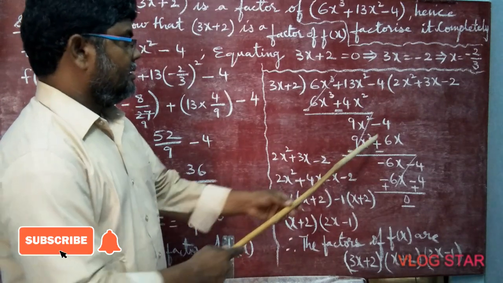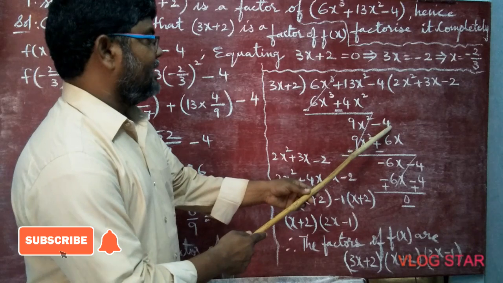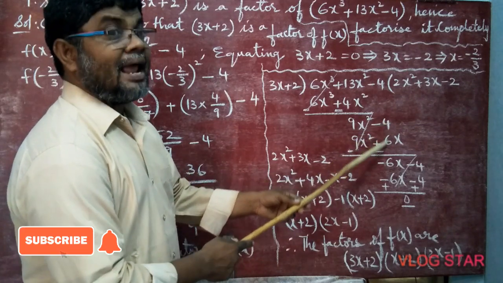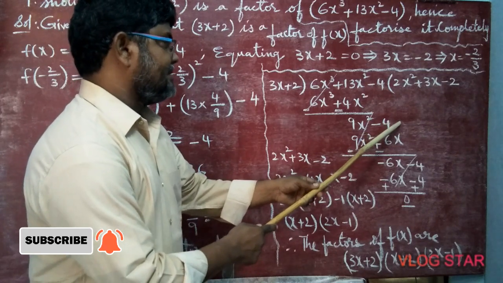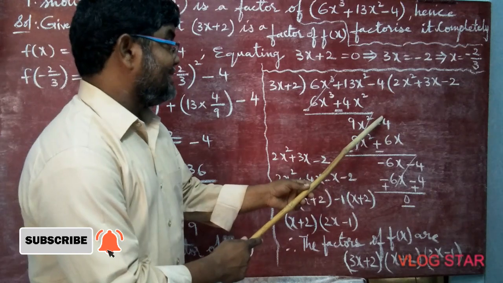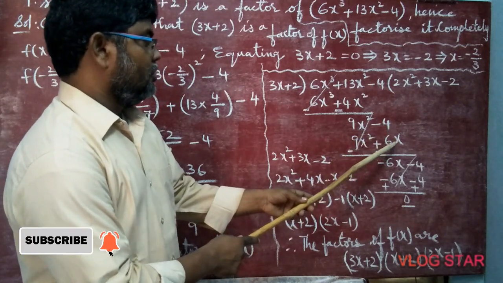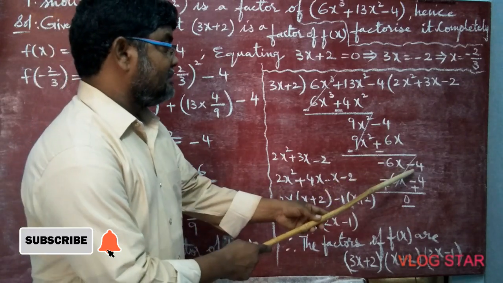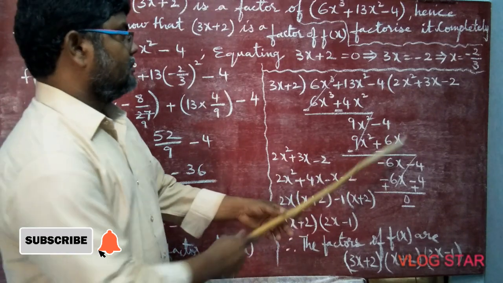Both get cancelled. Here minus 6x is there, here minus 4 is there. These two are unlike terms. Suppose if x were there, then we could simplify it, but here x is not there. This is a constant and this is an x term. So minus 6x minus 4, unlike terms.